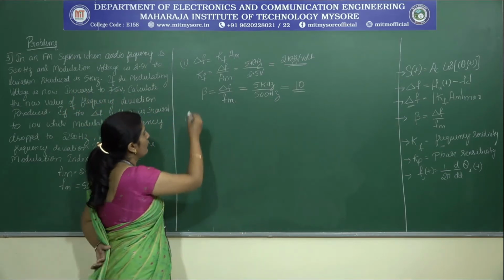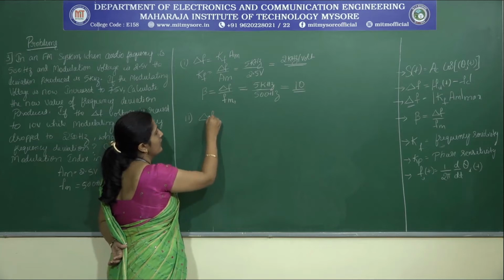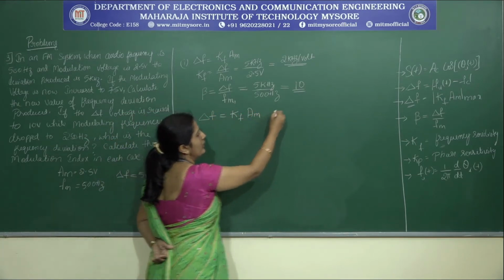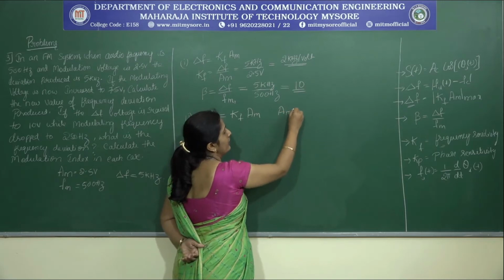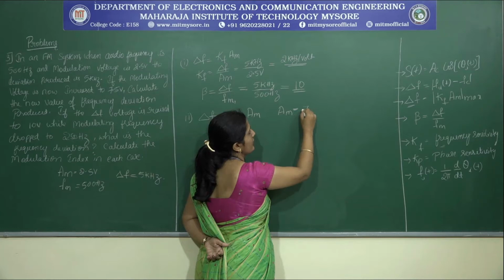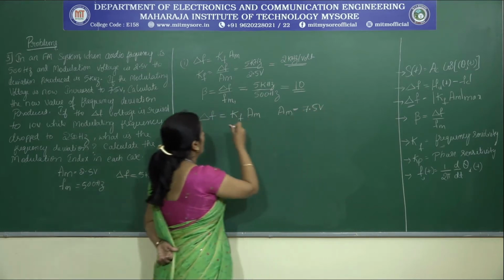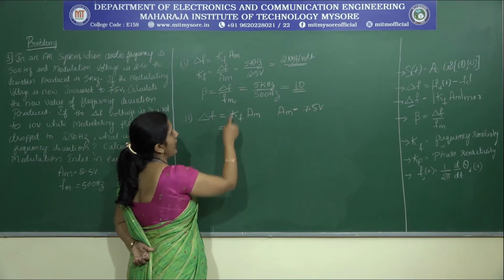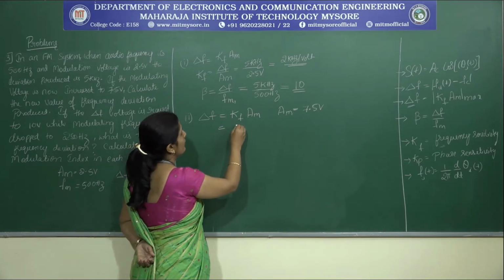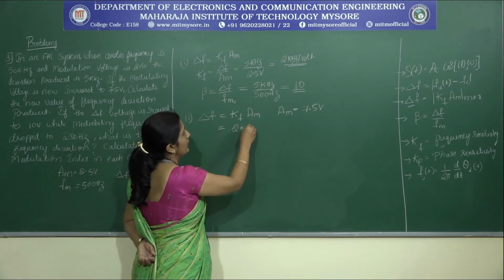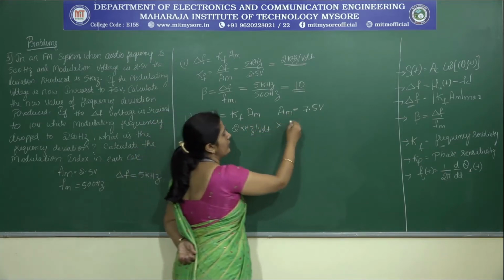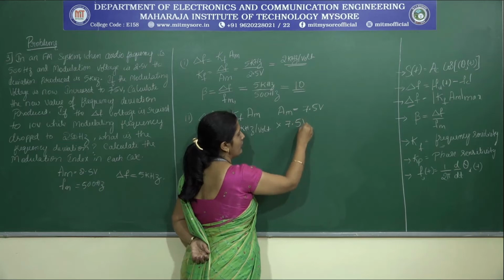Now we have to find out using the same formula, delta F is equal to Kf into Am. Here we have increased the modulation voltage from 2.5 volt to 7.5 volt. Now after substituting this, we have the frequency sensitivity Kf equal to 2 kilohertz per volt into Am, which here is 7.5 volt.